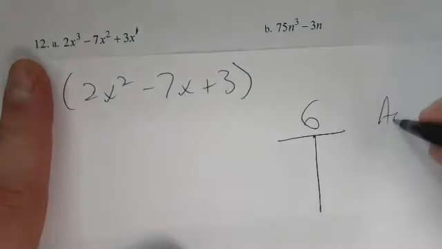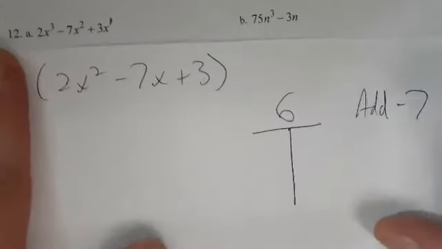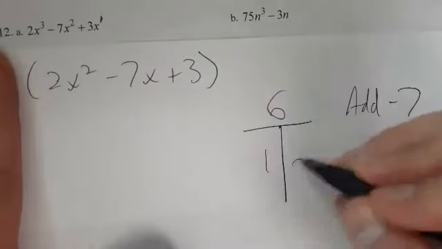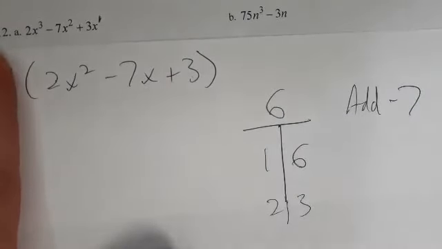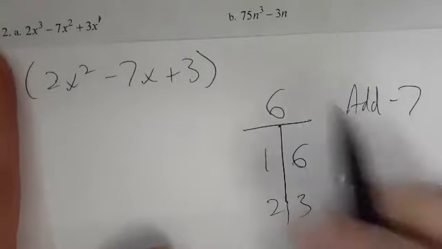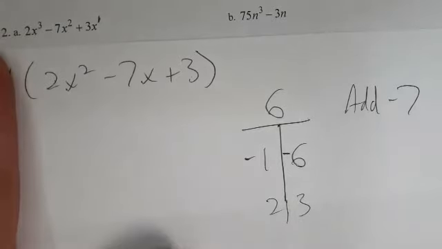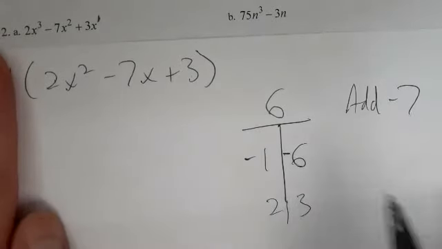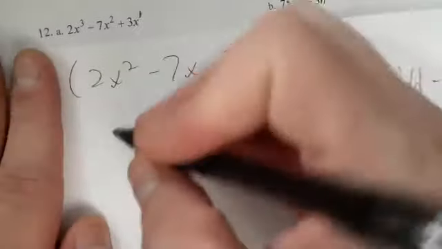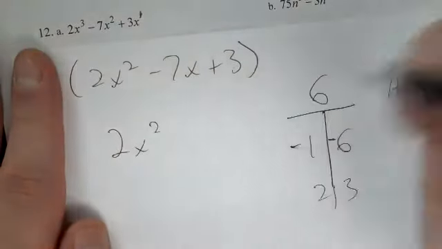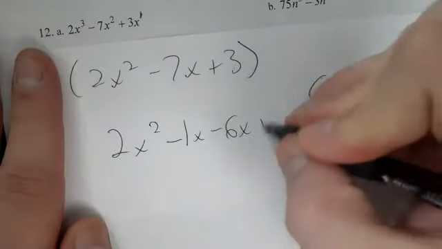I'm looking for things that multiply to positive 6 and add to minus 7. 1 and 6, I guess I could do more factors, but I think it's going to give it to me right there. 1 and 6 are not going to add to minus 7, but if they're both negative, they will. So I believe it's minus 1 and minus 6 that I need to break this middle term up into. So 2x squared minus 1x minus 6x plus 3.